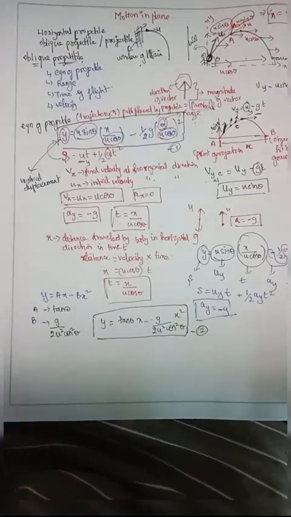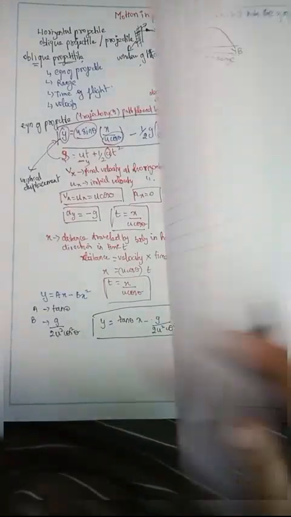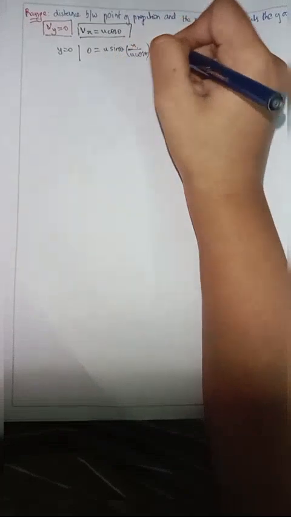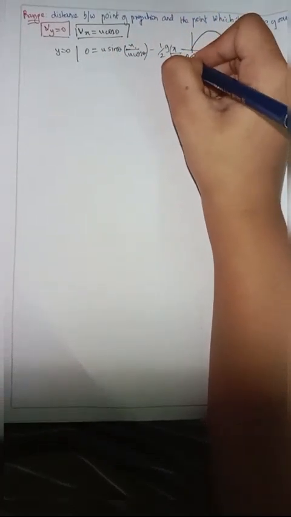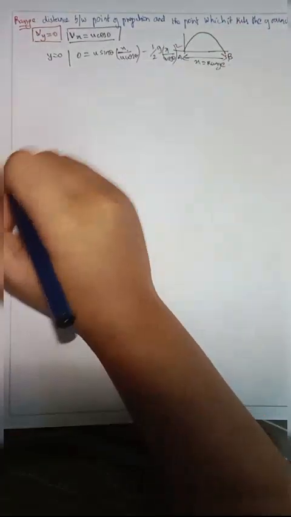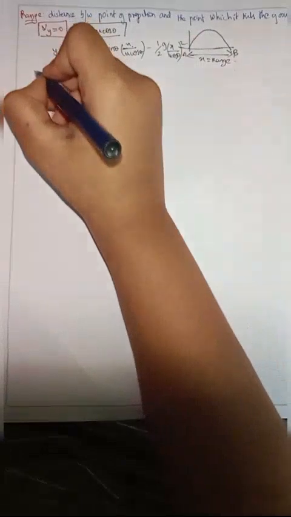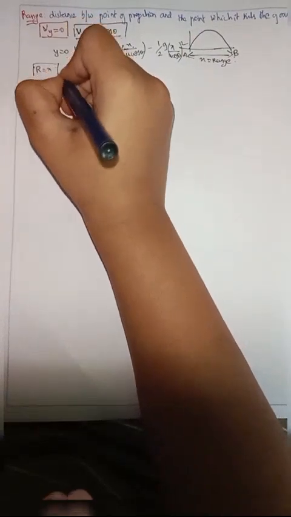You can take the equation as a tan theta equation, that may be helpful, or you can take this equation: x divided by u cos theta minus 1 by 2 g (x divided by u cos theta) whole squared.